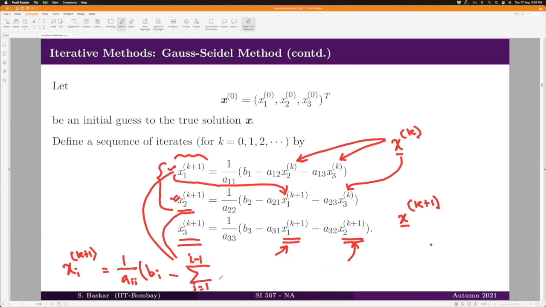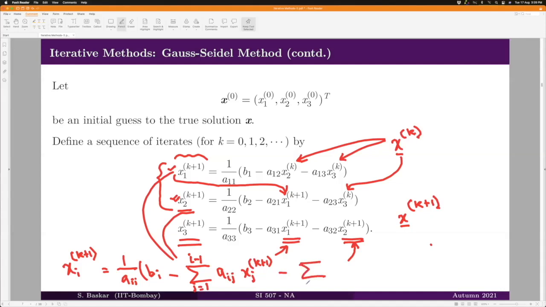So all these terms are previously calculated in the present iteration itself. Therefore, you have a_ij x_j of k plus 1 you will put, right? They all are finished already in the present iteration.